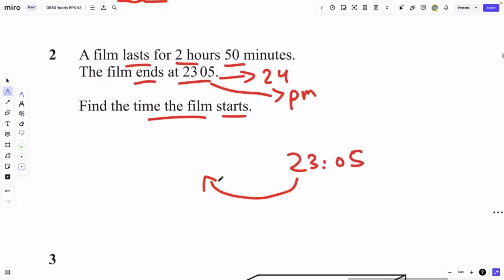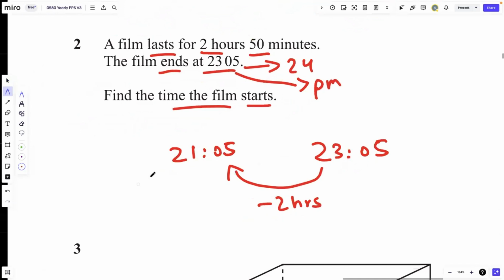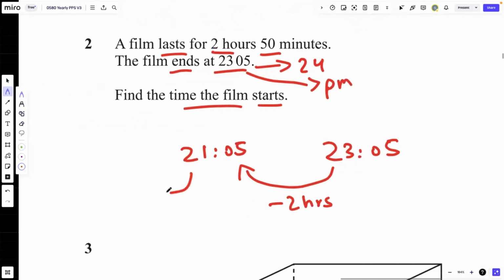Let's just do 2 hours first, assuming we are using a 24-hour clock. So let's say 21:05, and then we go 5 minutes back.